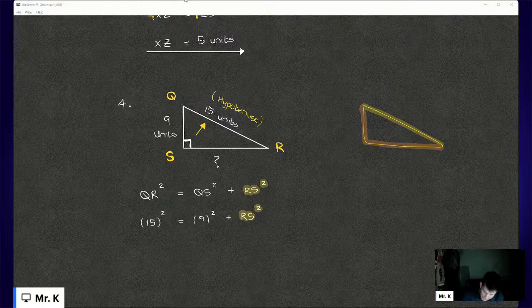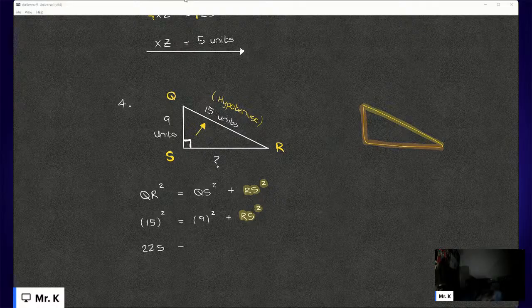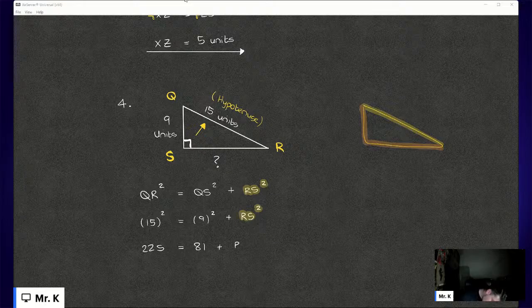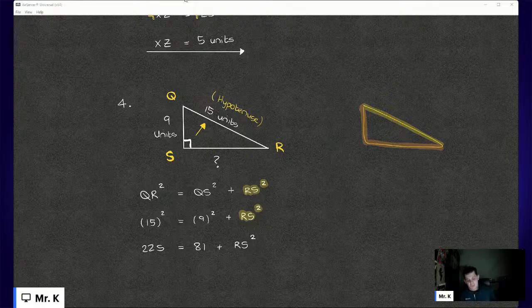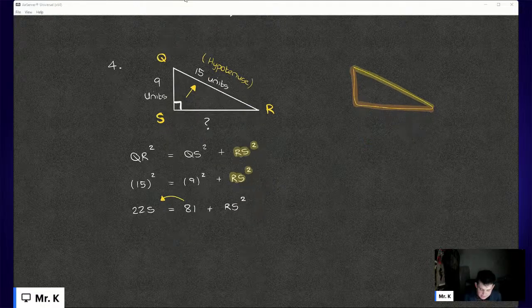Now, how do I solve this? Well, we start with the value of 15 squared, which gives us 225. So we have 225 on the left, 9 squared gives us 81, and we need to add on this RS squared. Now, in order to get RS on its own, I'm going to have to move this 81 over to the other side.